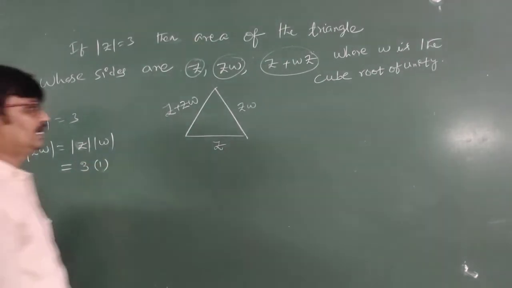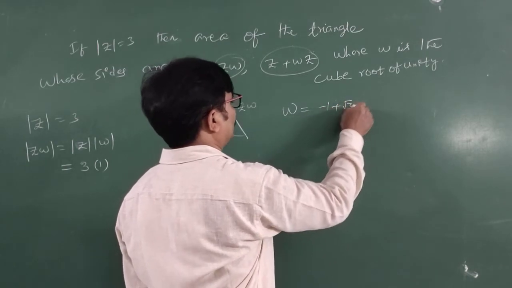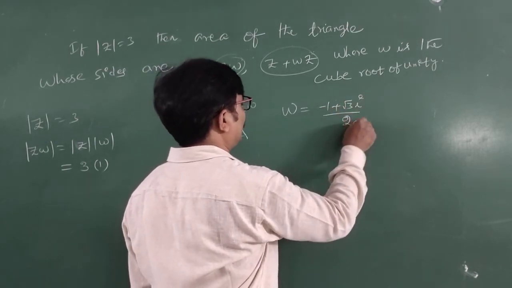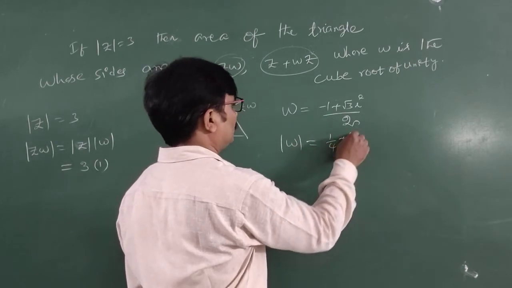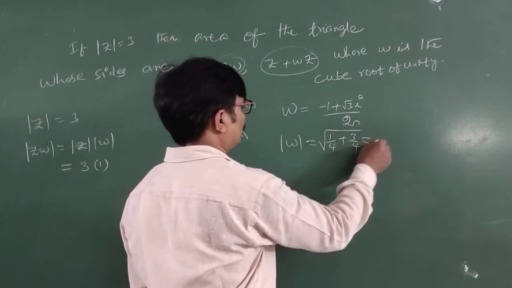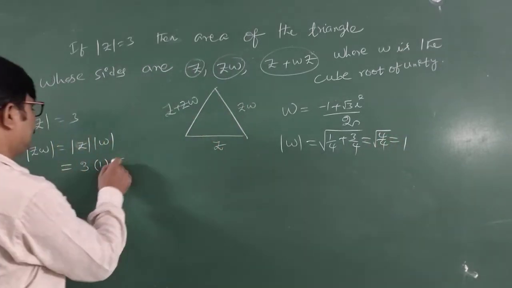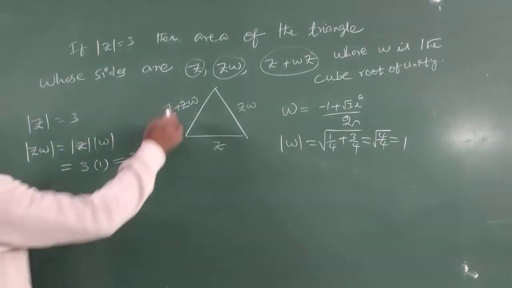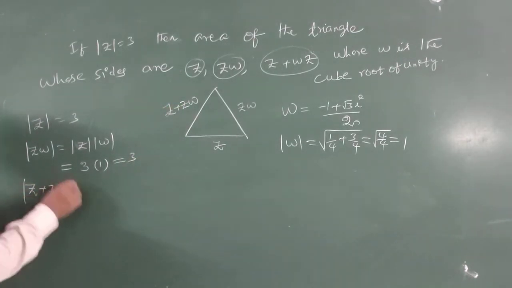We know that omega is (minus 1 plus root 3 i) by 2. Mod omega is the square root of 1 by 4 plus 3 by 4, which is 1. So this side is also 3. The third side is Z plus Z omega.